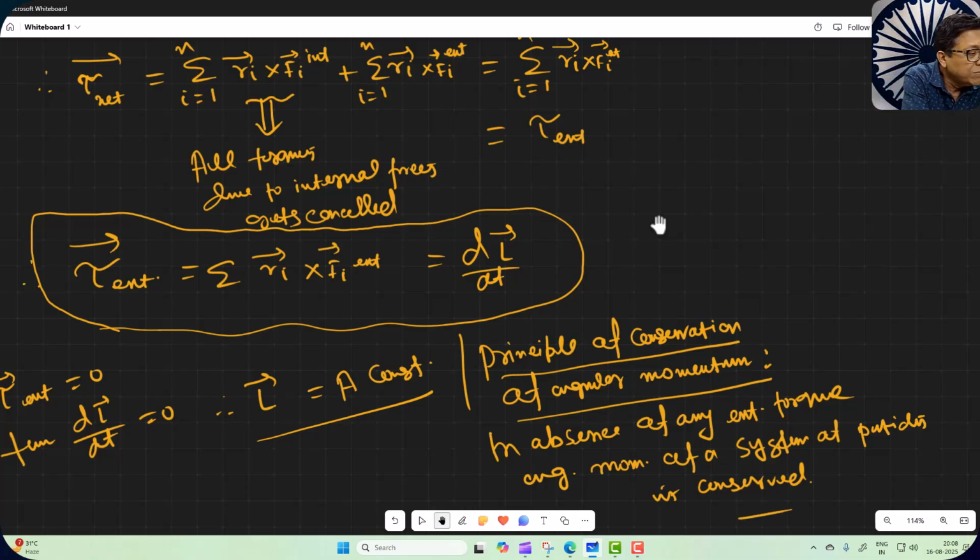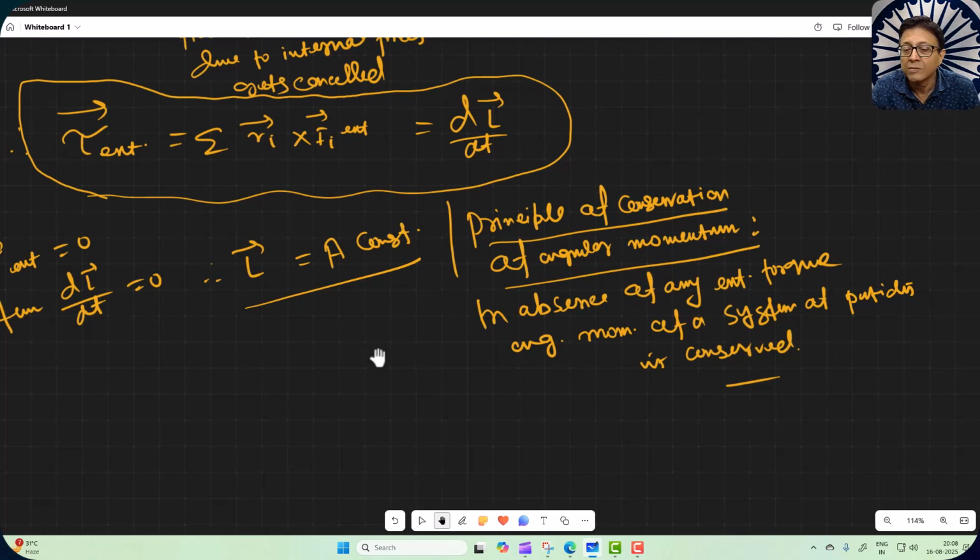Got it? In absence of any external torque, the angular momentum of a system of particles remains conserved. Clear? So far we have related that, see, the rigid body is also a system of particles. We will extend this concept for rigid body also, no problem over there. Tau external equals dL by dt, if you write there.